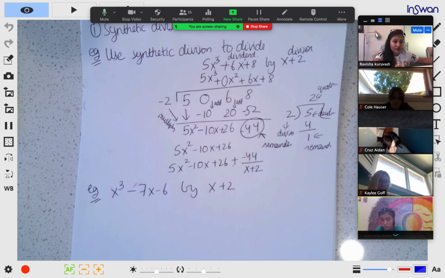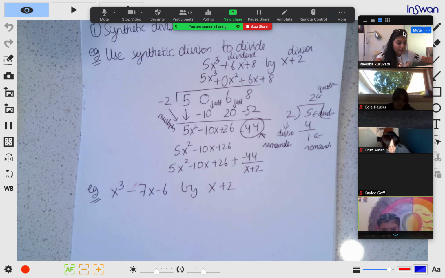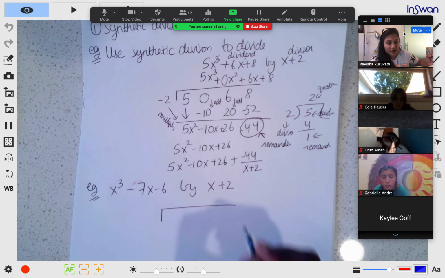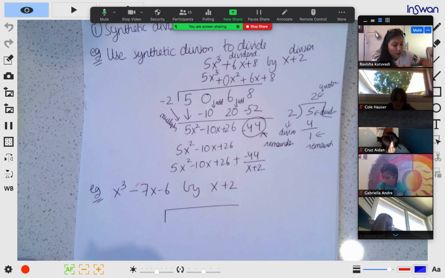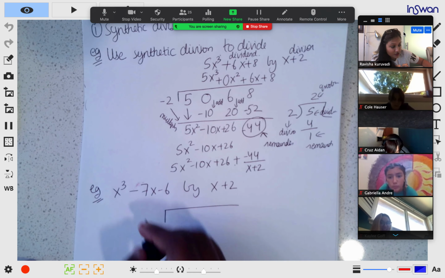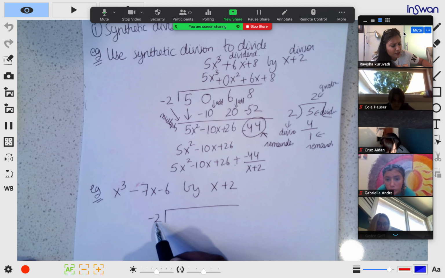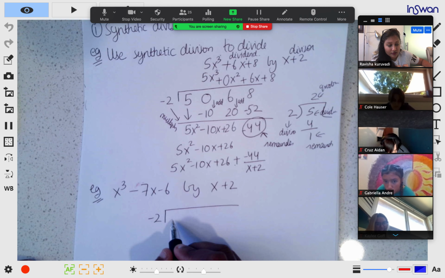Is Leah here? Leah? Yes, I'm here. So Leah, what am I going to divide with here? What number am I going to write here? Is it going to be -2? Yes, you change the sign. If it's positive, you write here -2. What's the first coefficient I'm going to write here?